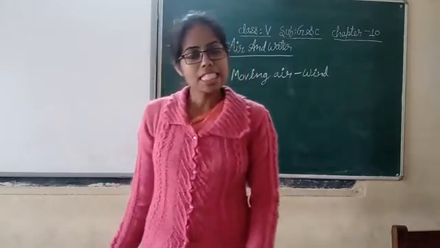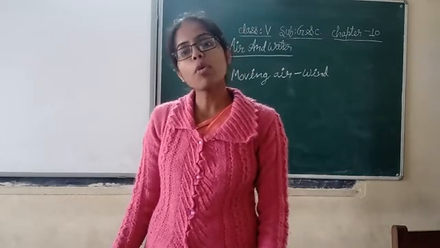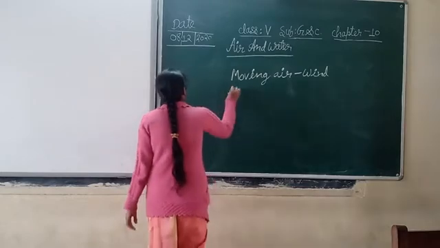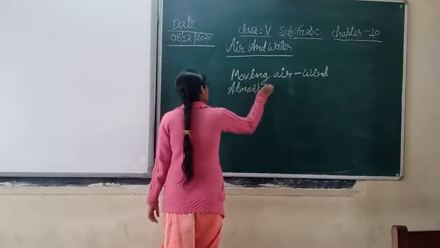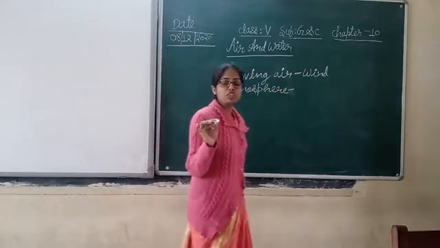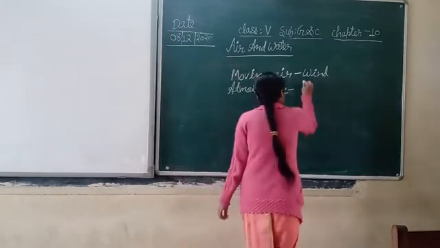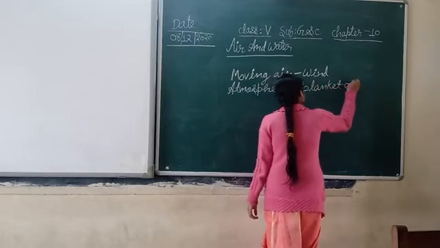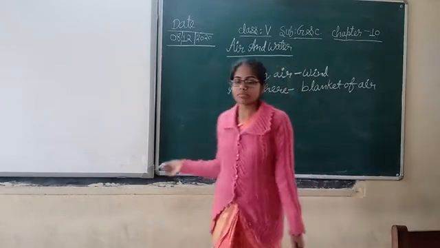The earth is surrounded by a blanket of air which we call the atmosphere. If anyone asks you what is atmosphere, how will you define it? The blanket of air which surrounds the earth is called the atmosphere.